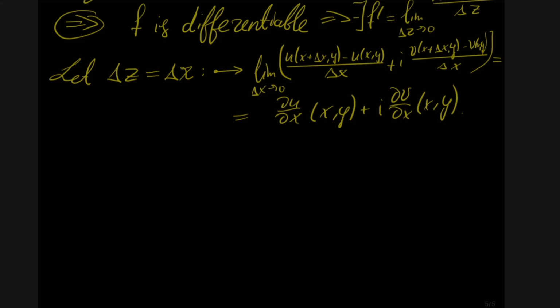Okay, now we let delta z be equal to i delta y. So this time it will look up, thanks to the multiplication by i, and delta y, of course, we go up. Okay, and now we have the limit as delta y goes to 0, so I pretty much can copy everything.